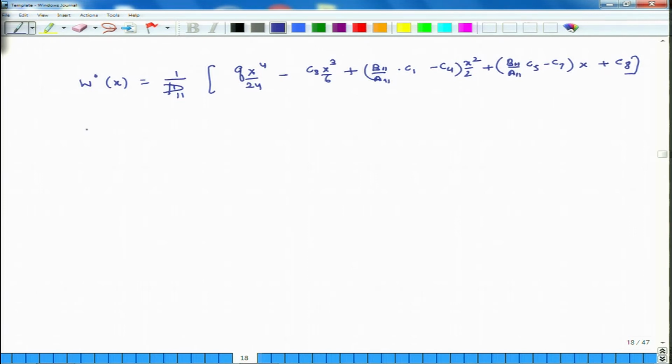Okay. And the relation for u naught of x is equal to 1 over script a11.